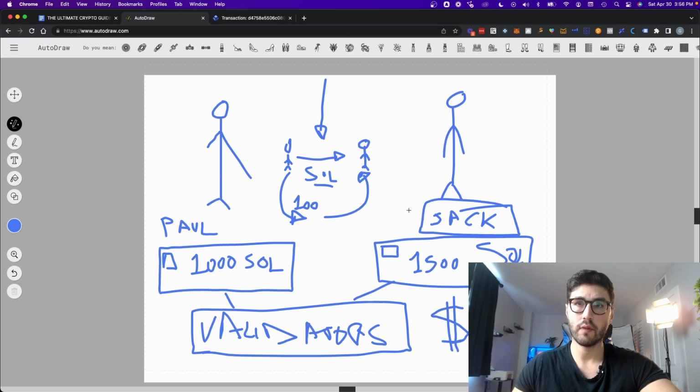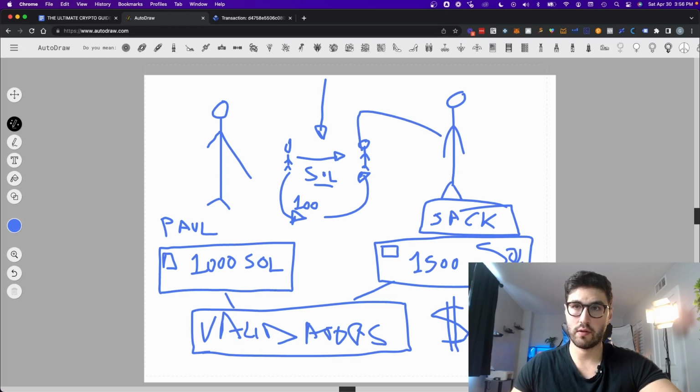So by doing that, anytime a transaction is processed, Jack gets rewarded. Anytime. And that's why, by having this amount of tokens staked, you're able to earn passive income by being a validator. Okay? So that's in a nutshell how it works.